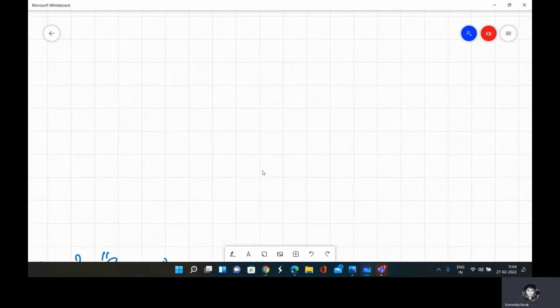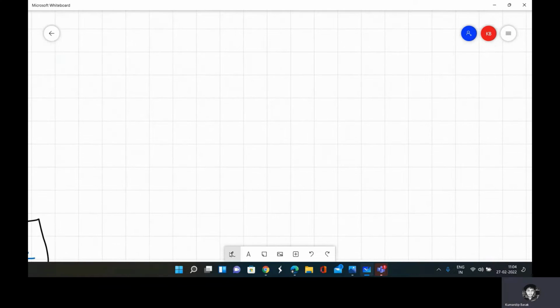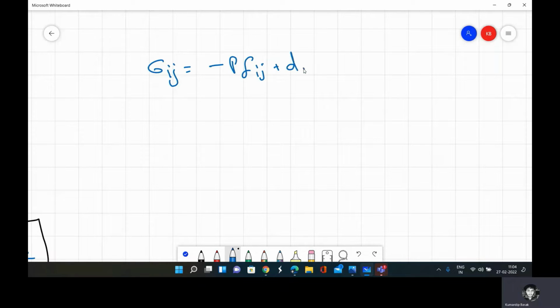So let's just take a new page here. We can write as our parent expression p delta ij plus tau ij, written in terms of velocity gradient.